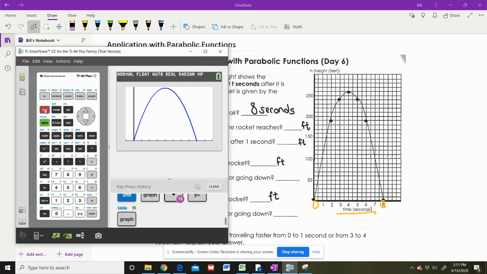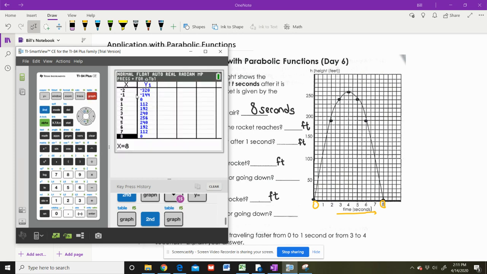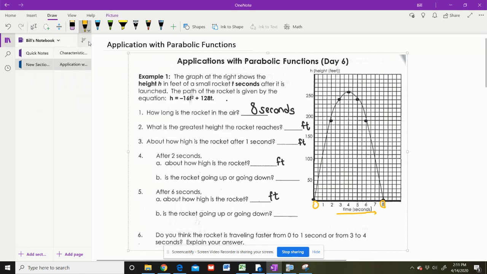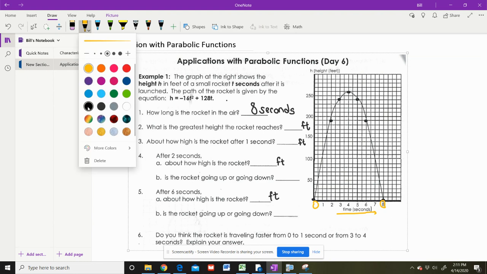And now if I go second and then I hit graph again for table, I can look and see that, okay, it goes from 0 all the way up to 256, and then it starts going back down. So 256 is its maximum height. So when I come back here, I'm just going to write in 256.